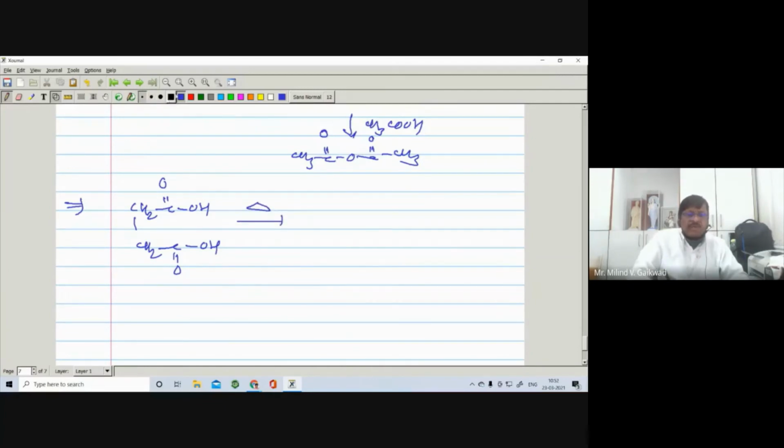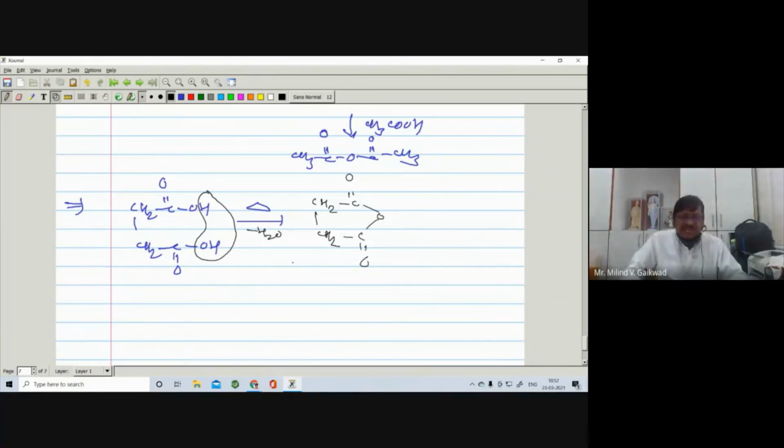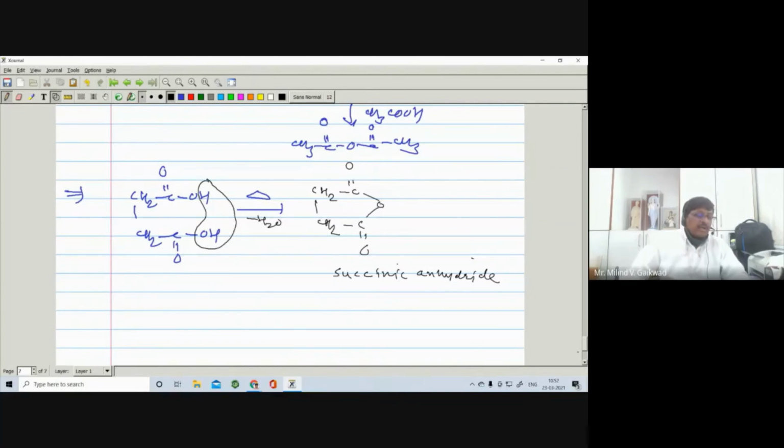H from this, H from this and OH from this, there is a removal of water, and there is a formation of a C=O, CH2 C=O, and here is O. You get a succinic anhydride. So you can get the corresponding succinic anhydride, right?